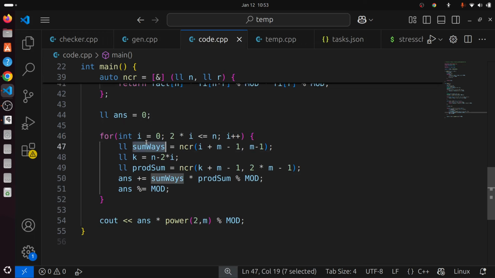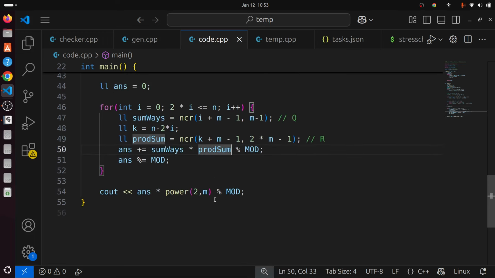So this is the value q. Okay, this is the q value, and (x plus m minus 1) C (m minus 1) is the r value. And so I just do ans plus equals q into r. And in the end I also have to multiply by 2 to the power m, right? If you remember, we are only considering the ai less than bi case, but we have to consider all the cases, so we just multiply by 2 to the power m. So this is the answer.